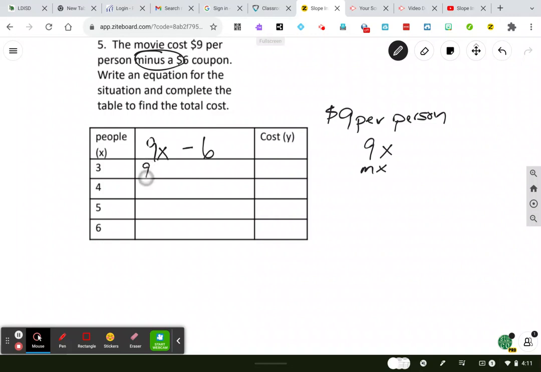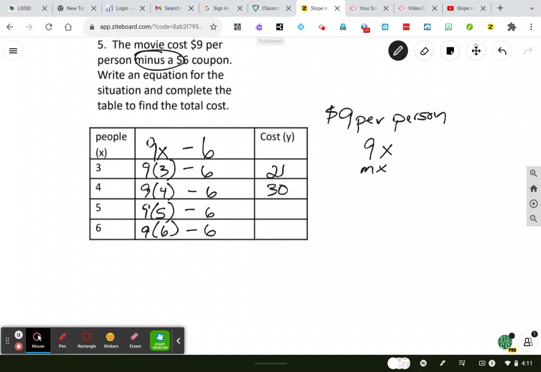So then just plug it in. 9 times 3 is 27. 27 minus 6 is 21.